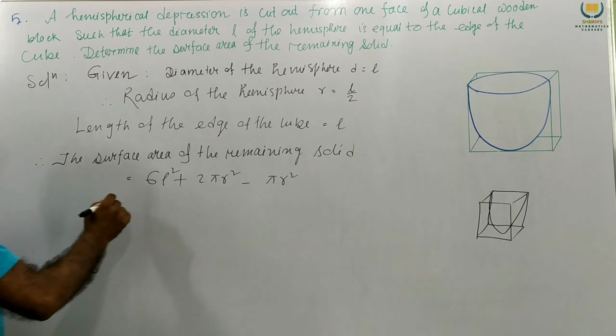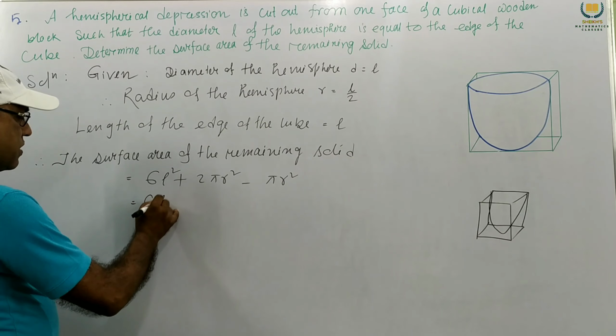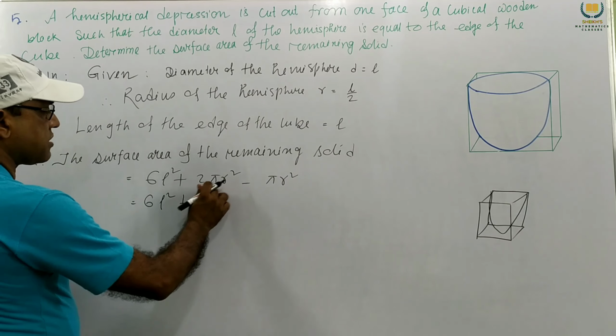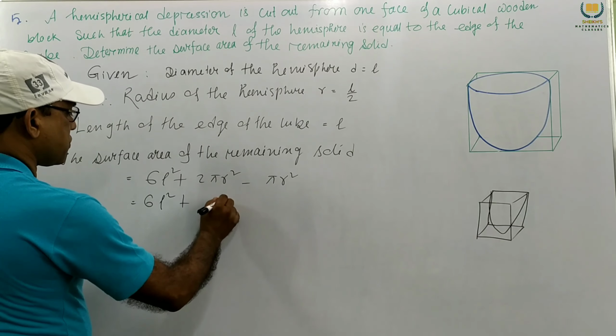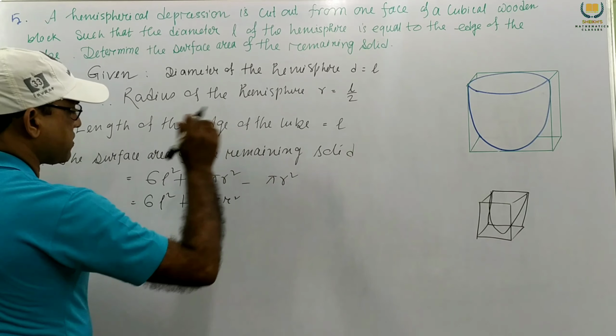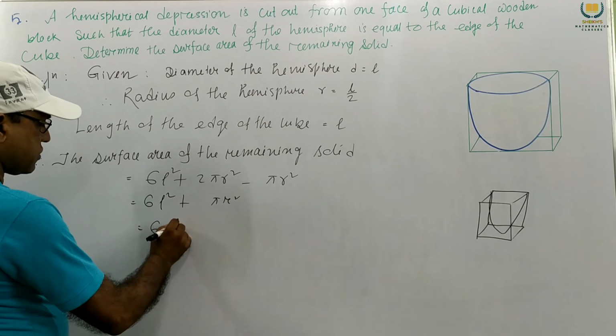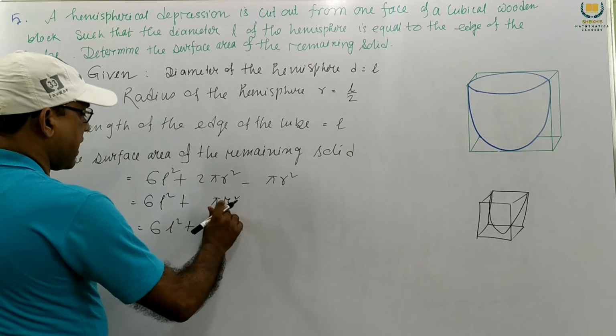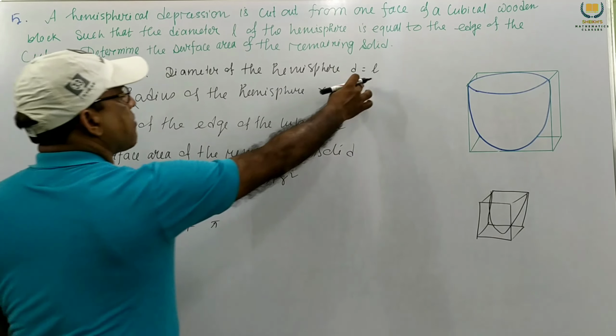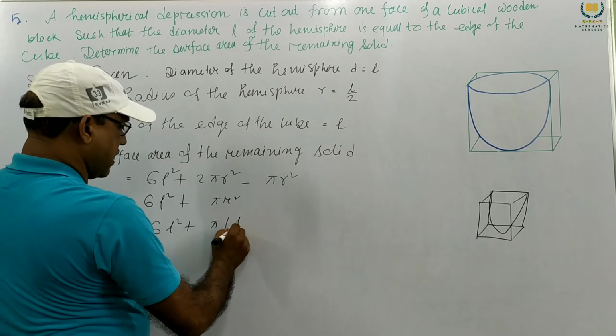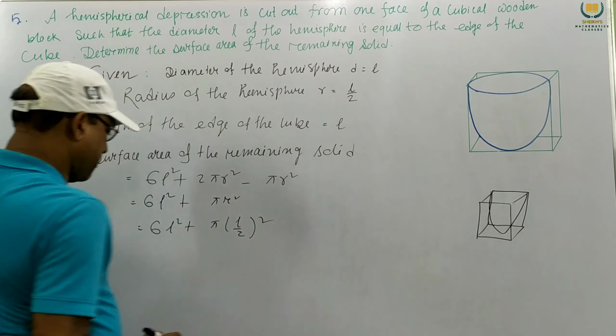Now putting in the values, 6L square remains the same, and 2 pi r square minus pi r square gives pi r square, where r means L by 2, so L by 2 whole square.